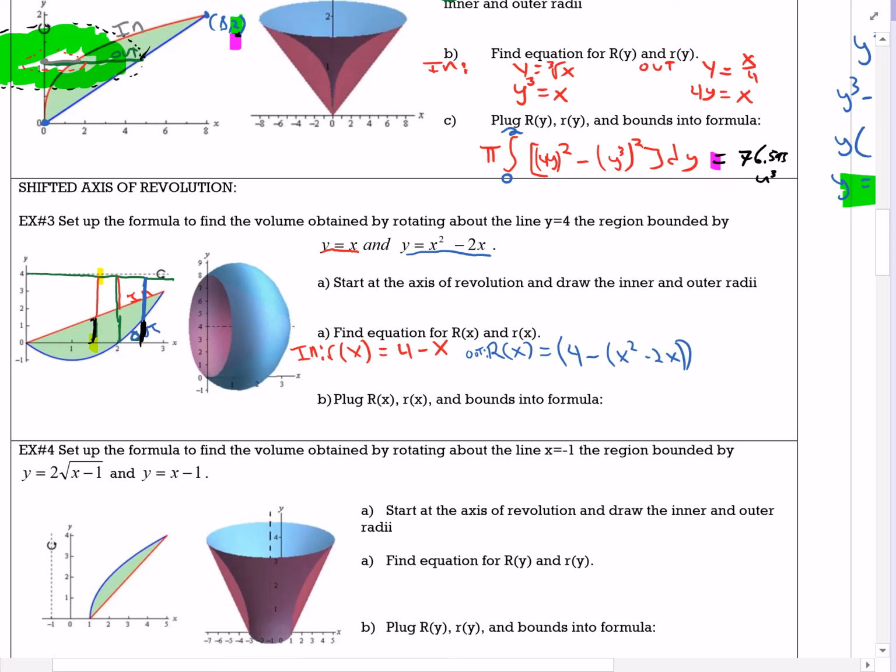Right, and now when we're doing the formula, remember, if we rotate this thing, it's going to look like this, right, we're going to rotate in this direction.